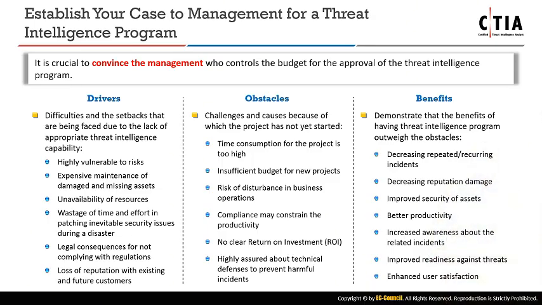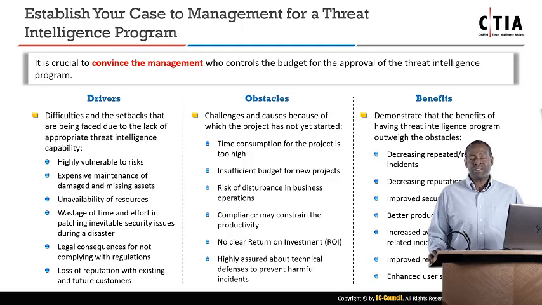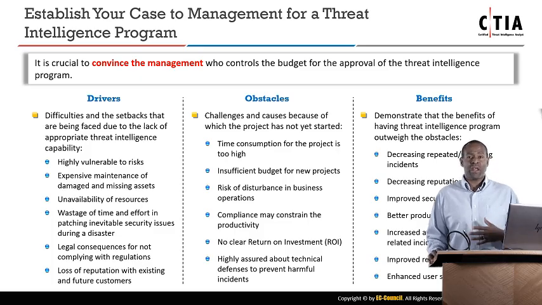Number two, decreasing reputation damage. And reputation damage can be a constant fight. If your organization has suffered in the reputation area, then this might be very helpful. Reputation is an area that every organization needs to pay attention to. This is something that needs to be researched periodically.